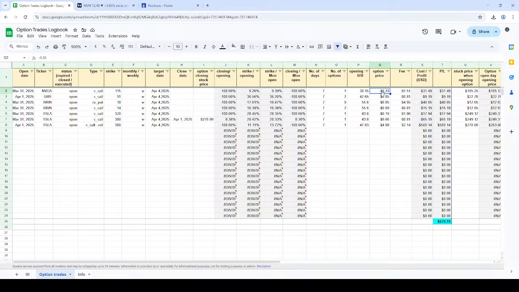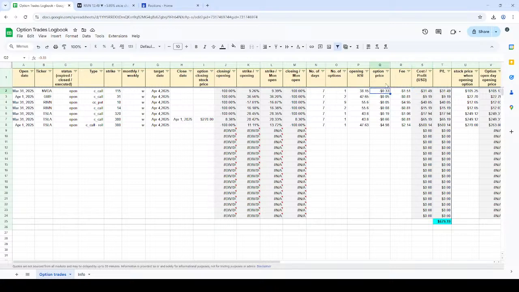This premium is per one stock, but the options are always sold in 100 lots, right? So actually you need to multiply the premium by 100, and if you deduct fees, you will see that I'm getting $31 a week on this option.